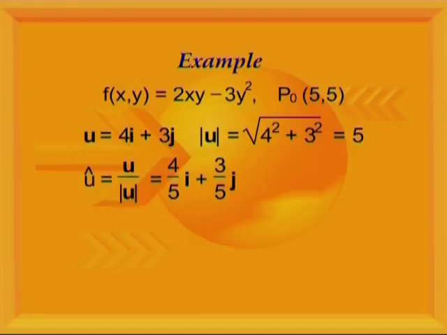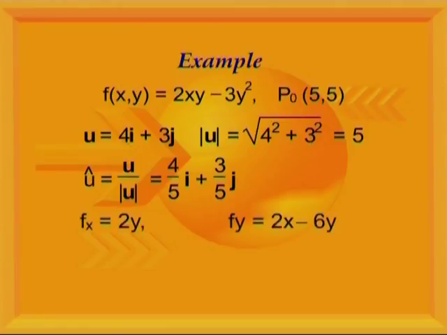So first of all, we will find the unit vector along this direction, which will be equal to u cap is equal to 4 over 5 i plus 3 over 5 j.